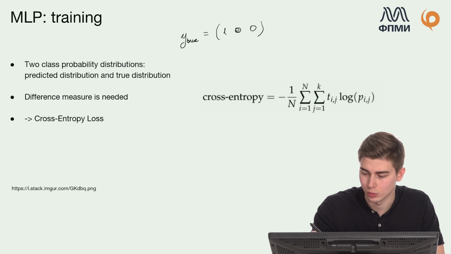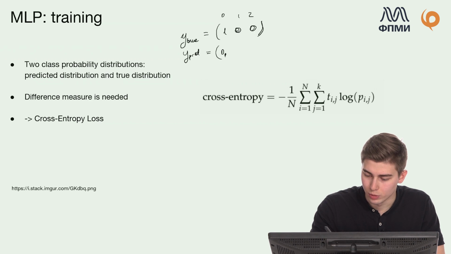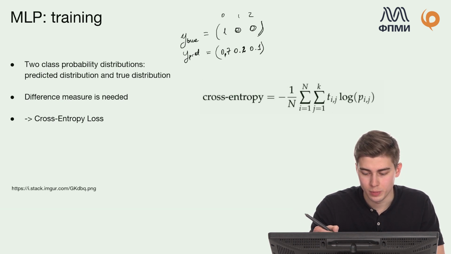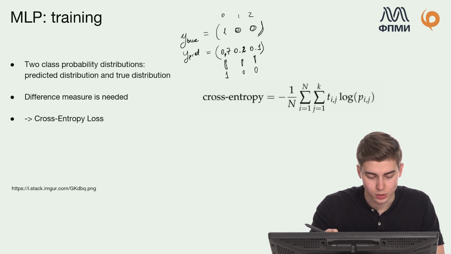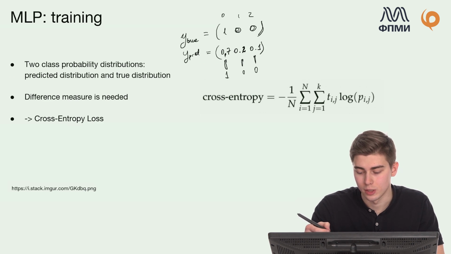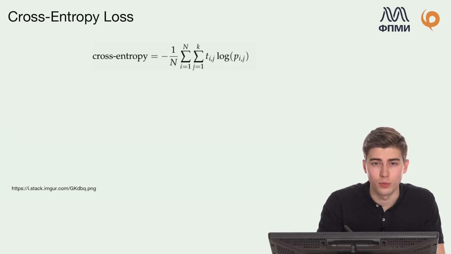It is the vector of ones and zeros, and the predicted probability distribution. Let us say 0.7, 0.2, 0.1 after the softmax activation. And now we want to minimize the loss function. We want to minimize the difference between these two distributions. We want this to be 1, this to be 0, and this to be 0. So here we can use the cross-entropy loss. The name of the loss function you can see on the screen is the cross-entropy loss function.